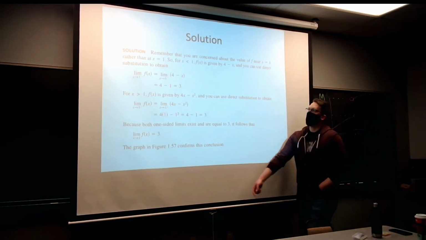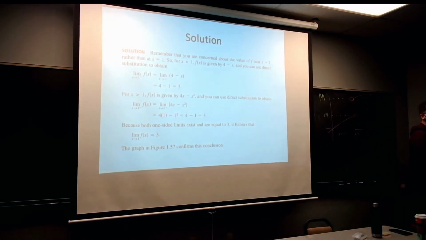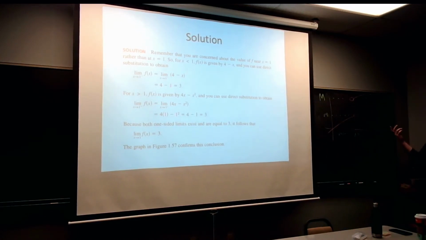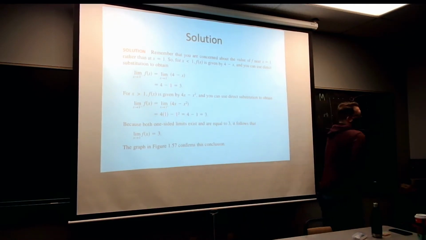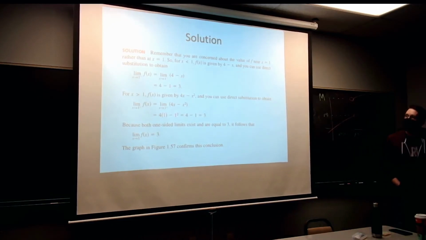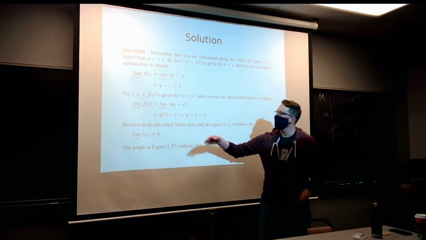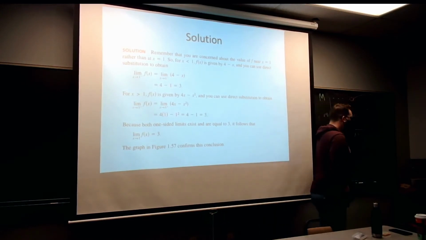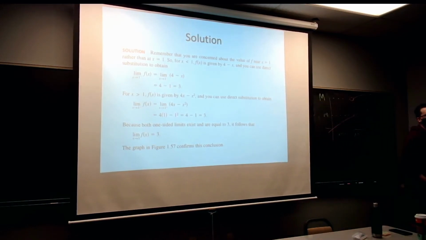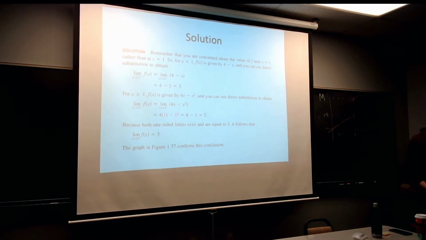Looking at it, coming from the left, the properties of the limit tell us that the limit of a constant is going to be 4. The limit of x is just going to be c. So we're going to get 4 minus 1 is equal to 3, coming at it from the left. Do the same thing from the right. Now, why did we break it up? We broke it up for two different reasons.